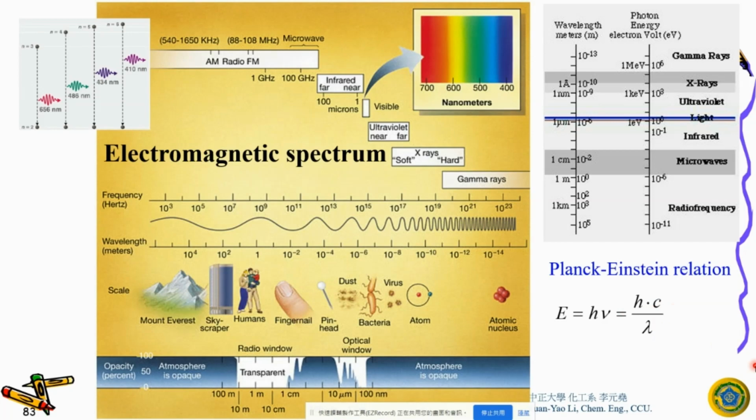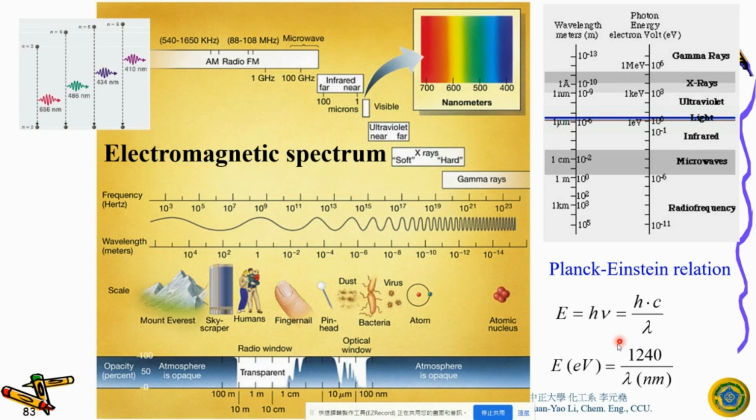Lambda is the wavelength. So according to this equation, if the unit of energy we use is electron volt, and for lambda we use nanometer, we can change this to a very easy equation: E equals 1240 divided by lambda.